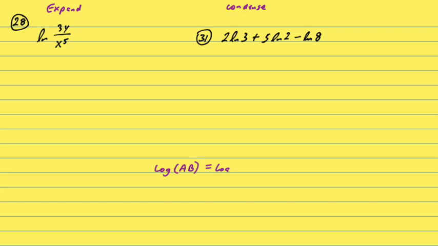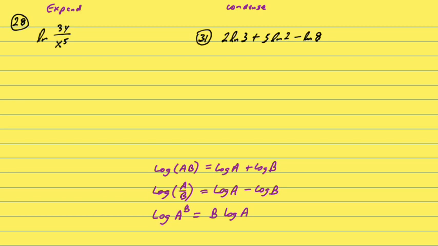Log of A times B equals log A plus log B. Log of A divided by B equals log A minus log B. And finally, if I have log of A to the B power, you can pull the exponent out front and call it B log A. So those are the properties I plan on using.